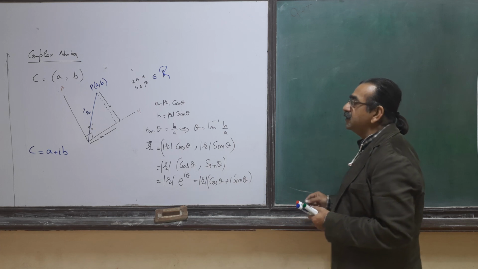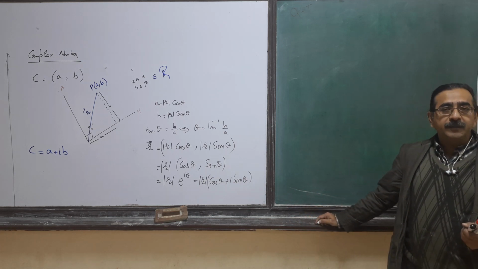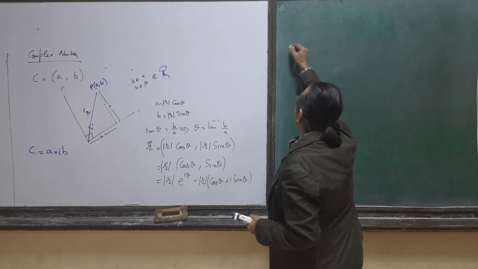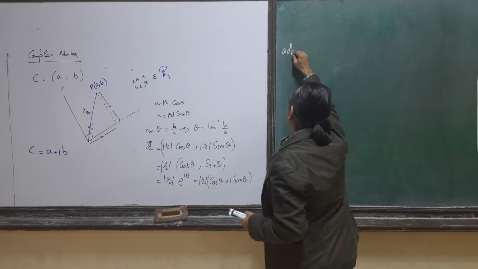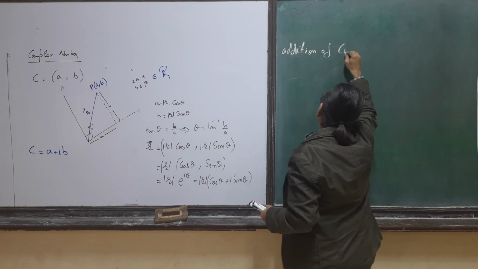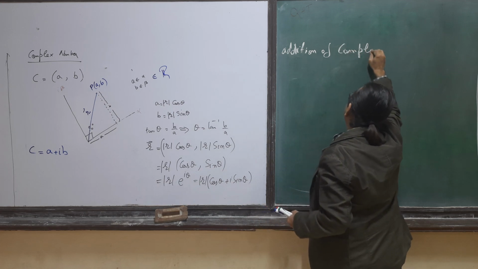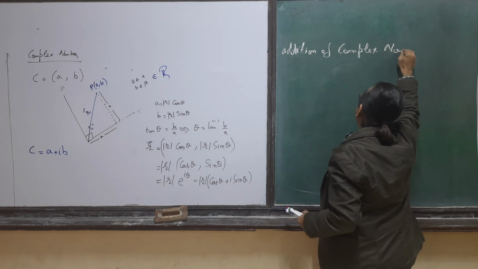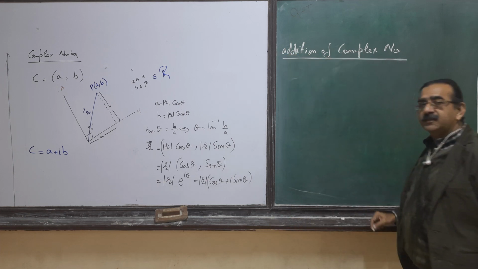How is the complex number defined? By their addition and multiplication. First, addition of complex numbers.